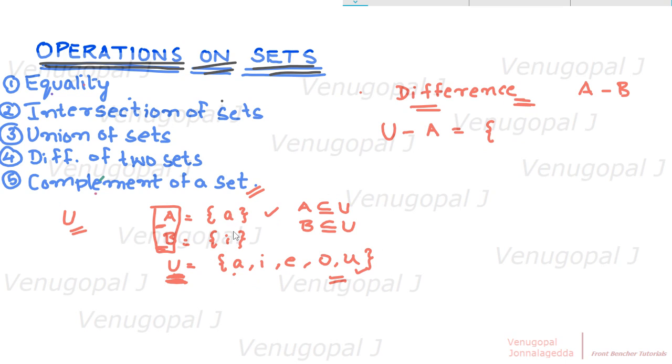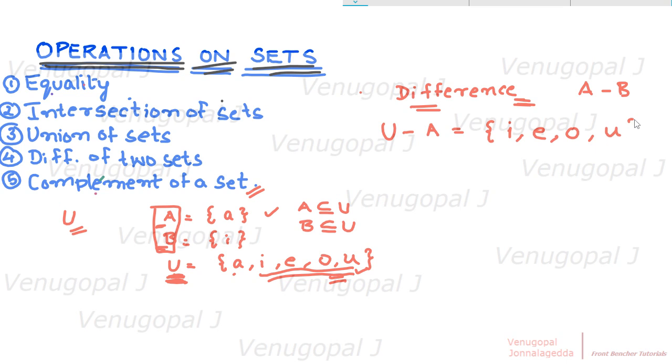The common element here is A. So in U and A, we have a common element A. So A needs to be removed, and the rest are the elements of our set, which form the complement of a set.